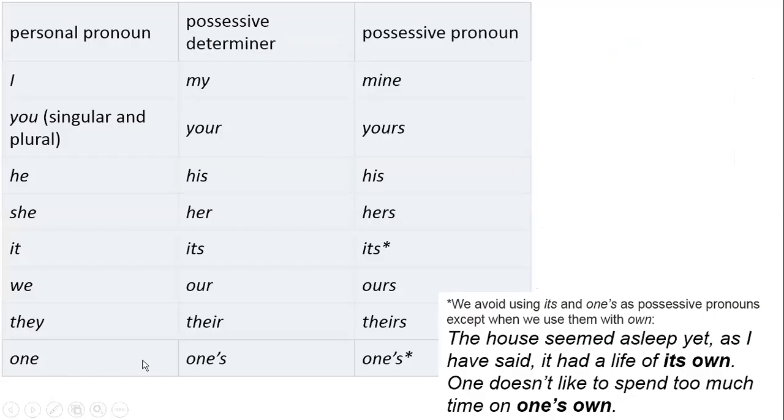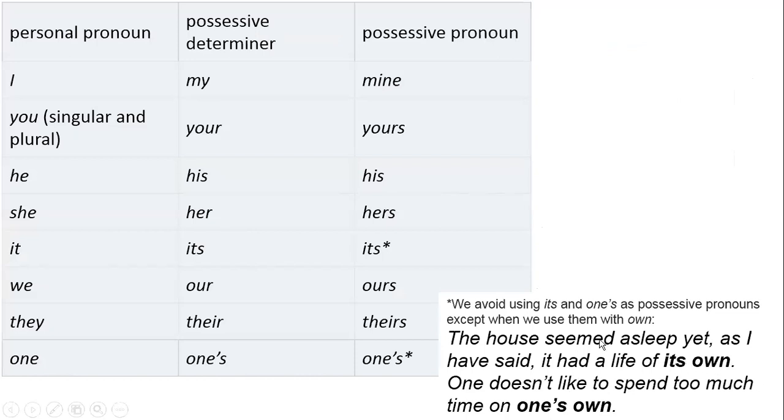We use one here for general, like if you're not talking about a man or a woman, just generalizing your ideas. So you say, one doesn't like to spend too much time on one's own. On one's own here, you can say his own or her own, right? Like its own.